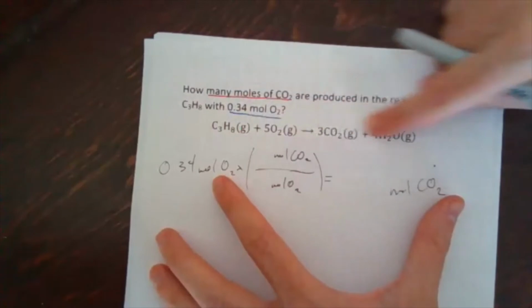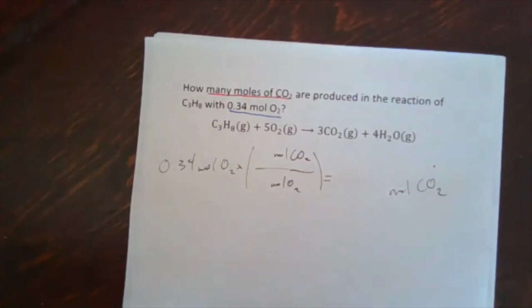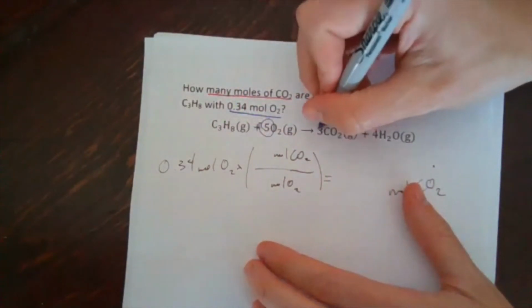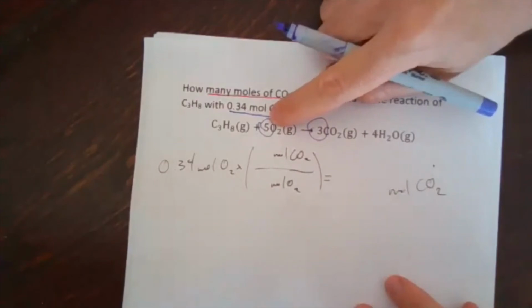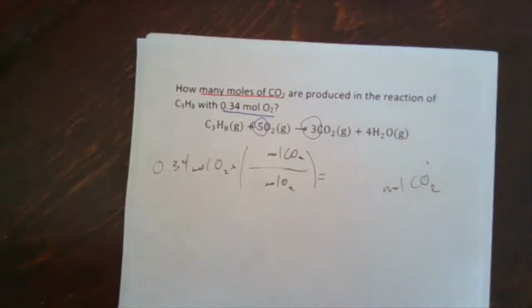The relationship has to come from the chemical equation. And the relationship then is going to come from these coefficients. Okay, those coefficients that come from balancing, right? The idea is we know that that came from balancing. 5 molecules of O2 would give you 3 molecules of CO2.